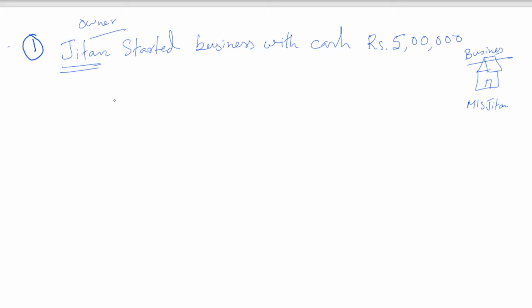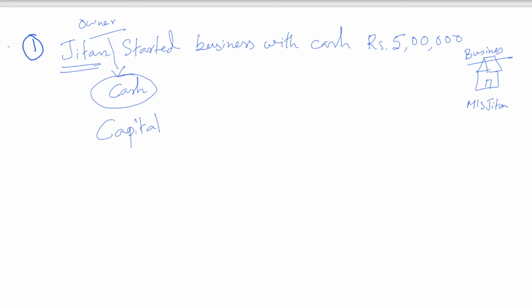So to pass the journal entries, we have to understand that whenever any amount is brought by the owner, the owner brings cash in the business. Here in this case, Jiten brought cash in the business, right? So whenever any amount is brought by the owner, that particular amount is called capital. Okay, that particular amount is called capital.